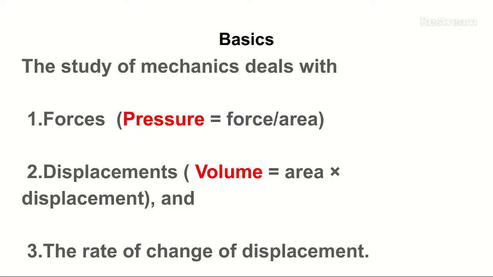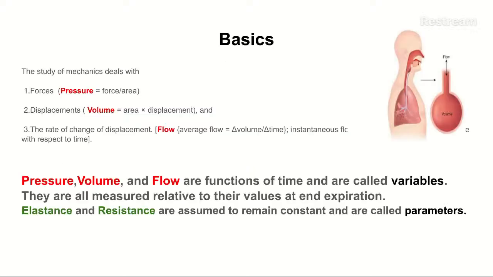If you have bellows in your machine, an anesthesia workstation, that is a tubular thing. So you know how much the displacement volume is only if you have the area of the circle multiplied by the displacement, right? Similarly, the rate of displacement is flow.